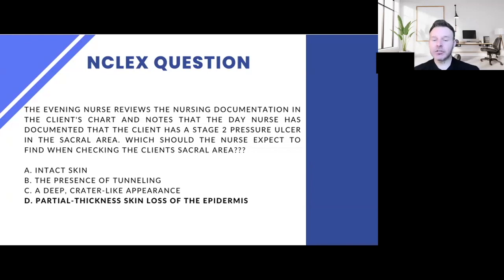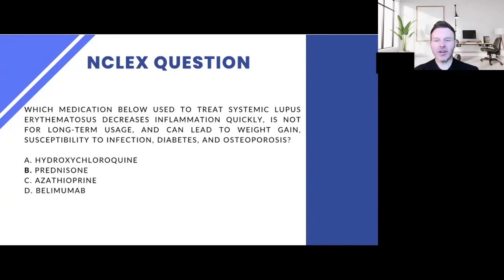In a stage 2 pressure injury, we're going to have a partial loss of either the epidermis or possibly the dermis, but it's going to be a shallow crater-like appearance. Those are the key words we need to be able to pick out to solve these types of NCLEX questions.